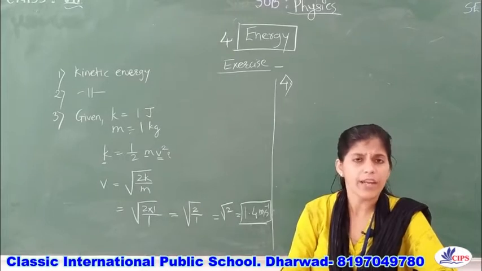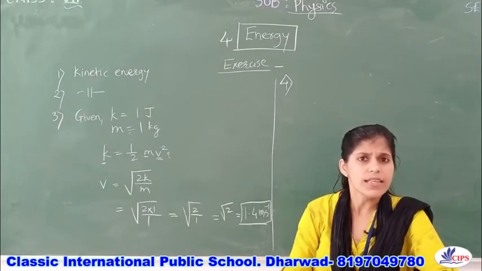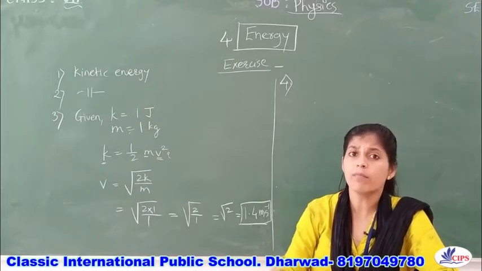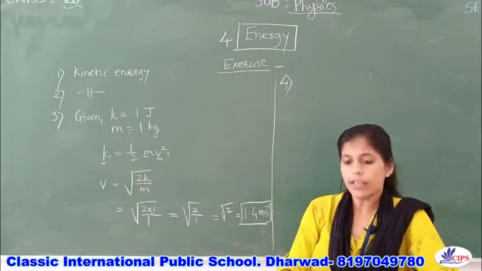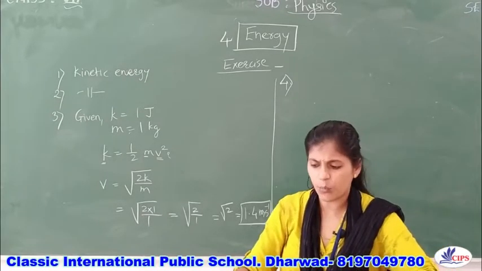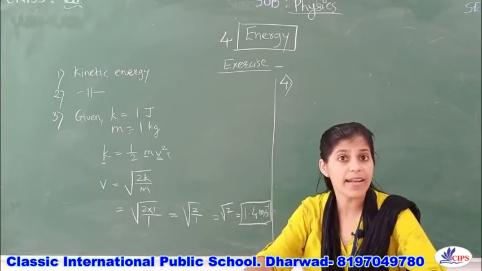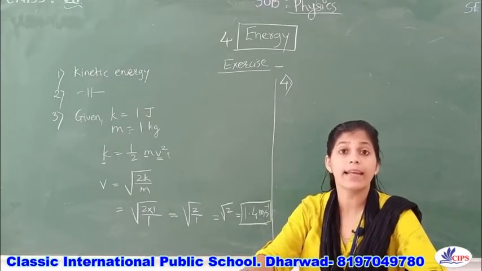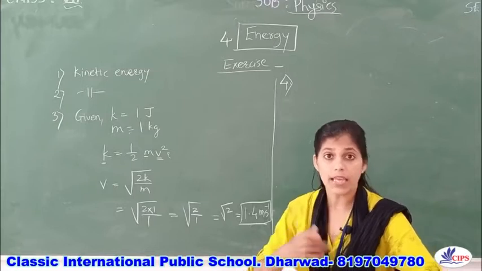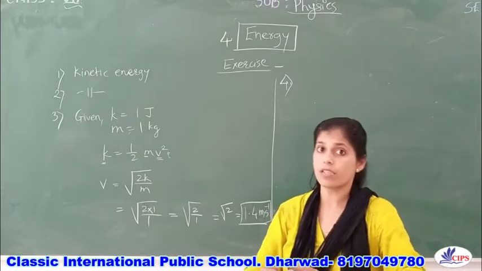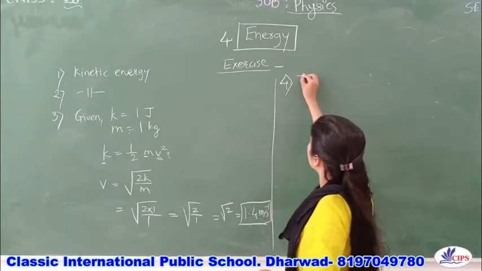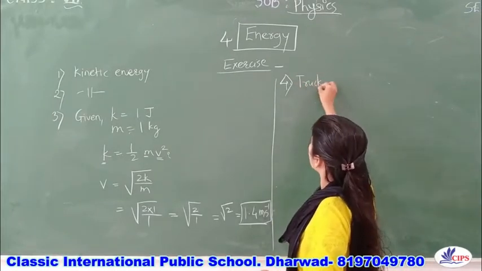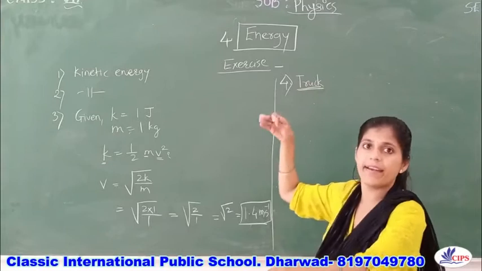What will the answer be, car or truck? Can you compare the masses of both? Yes, obviously the truck will have much more mass than the car. So here you should keep in mind one thing, that kinetic energy is directly proportional to the mass. If mass is more, obviously your kinetic energy will also be more. So the answer will be truck. Which one will have more kinetic energy?